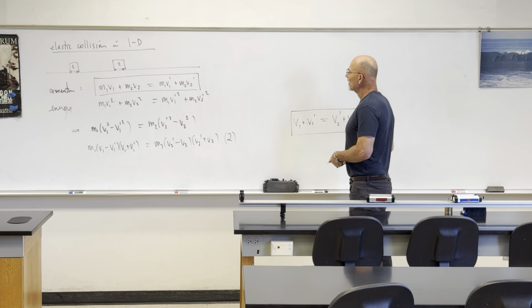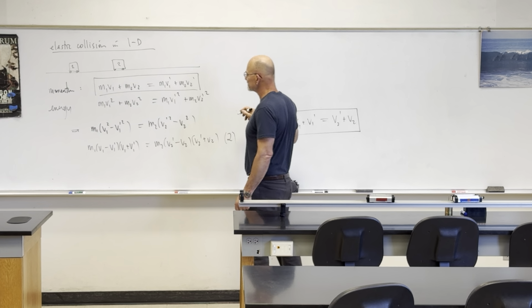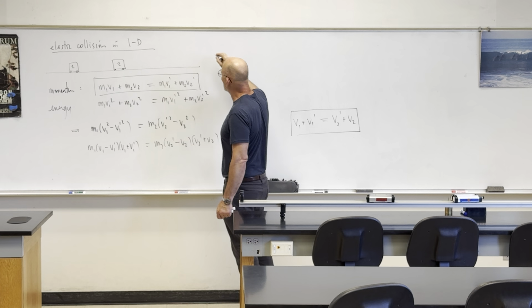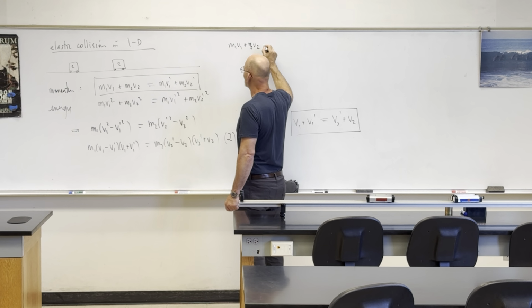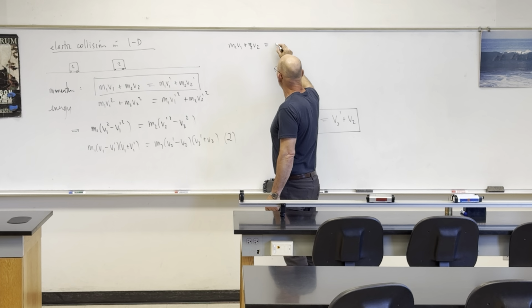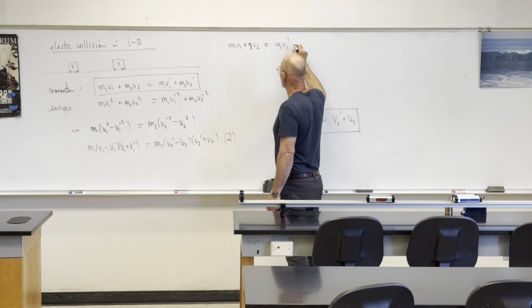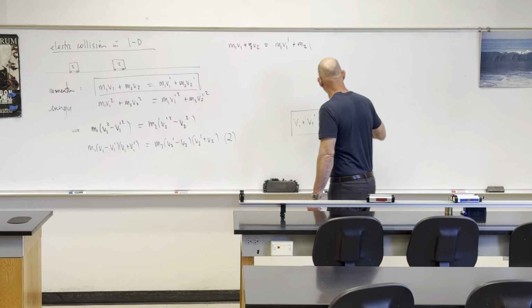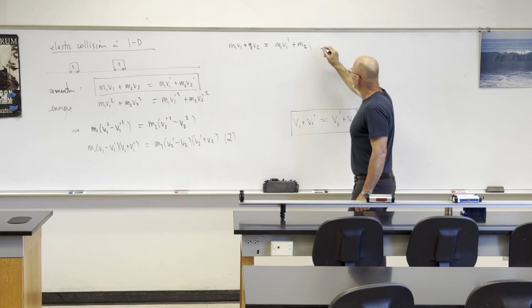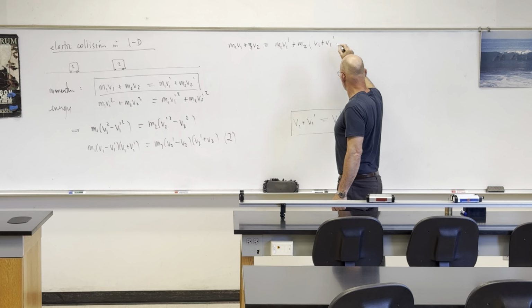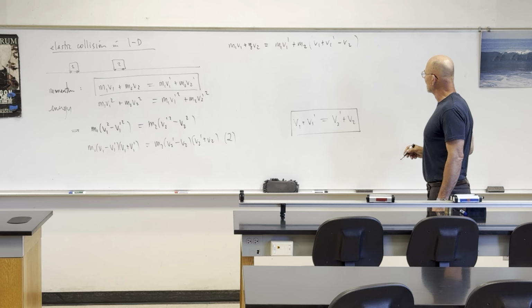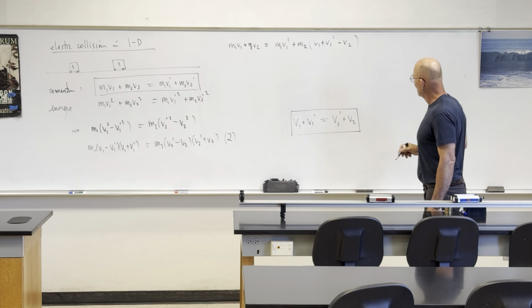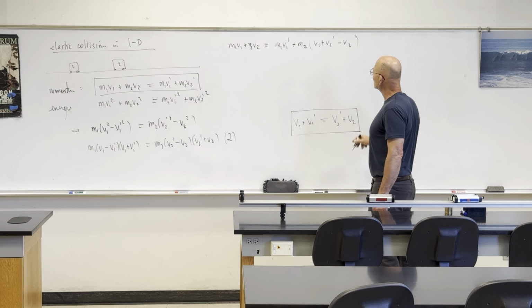Take two. So we want to isolate one of the prime ones, so let's write M1 V1 plus V2 equals M1 V1 prime plus M2, and then our V2 prime will be V1 plus V1 prime minus V2. That'll be better.